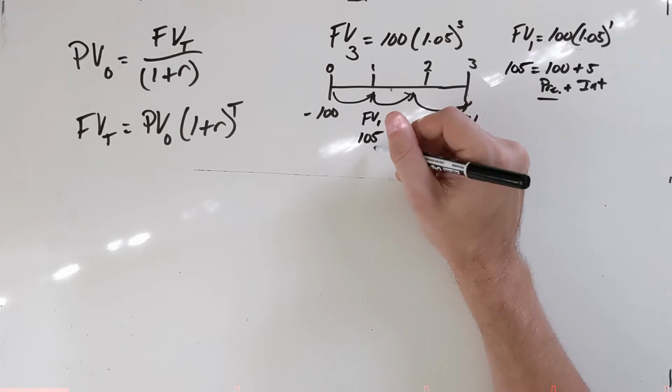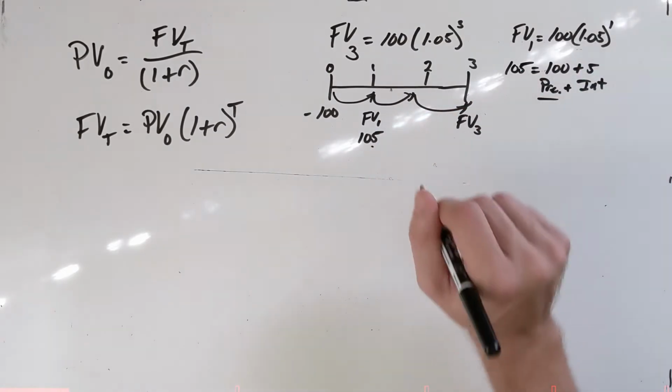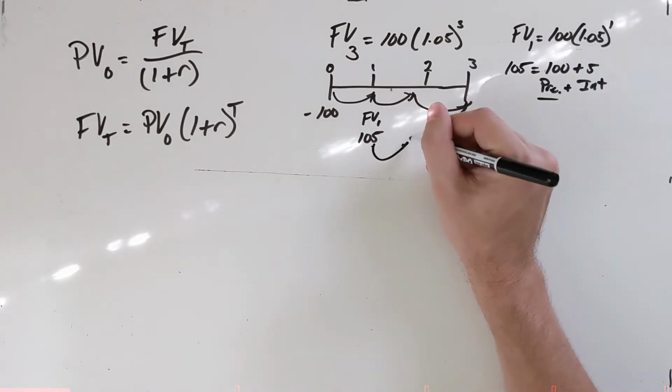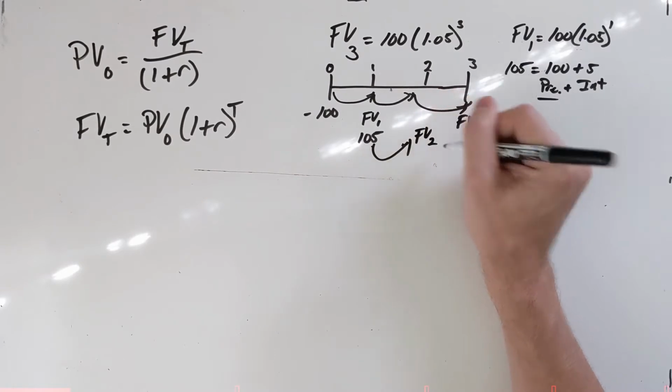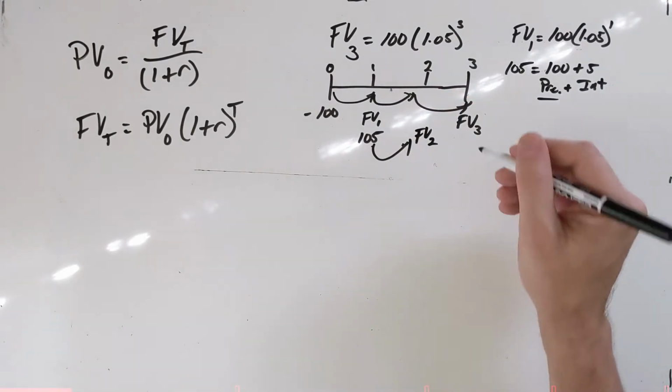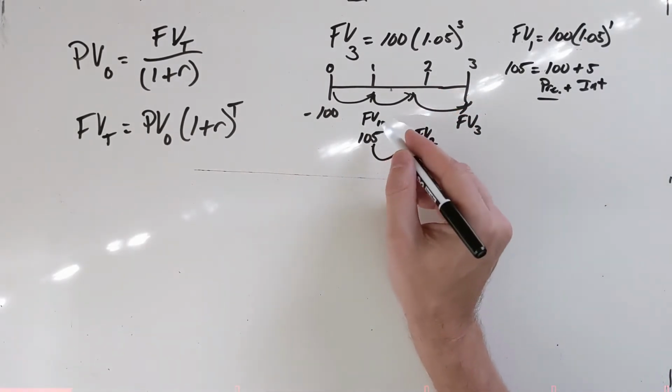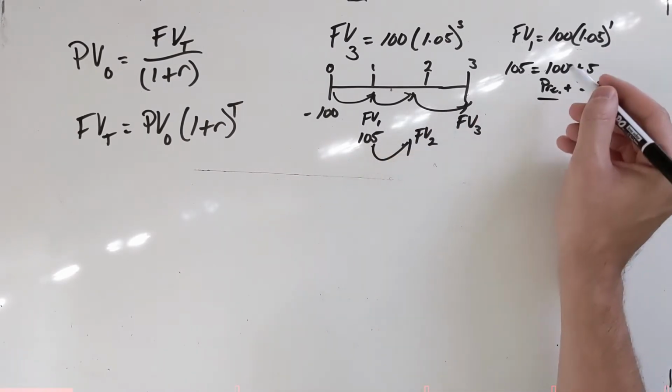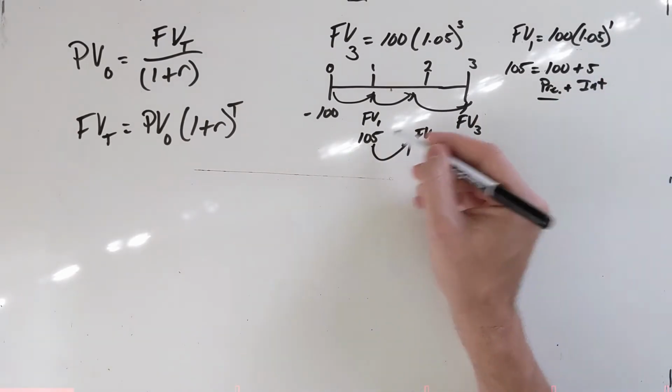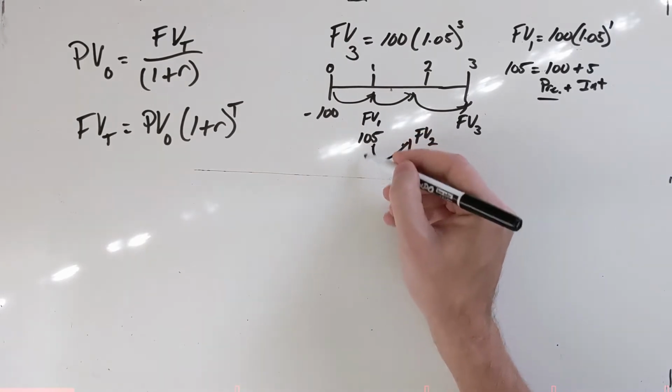Now, if we leave that and we don't withdraw it from the account, it would roll forward and we would have a future value in time 2. In year 2, we are going to gain interest not only on the principal, but also on the extra interest that is in the account.